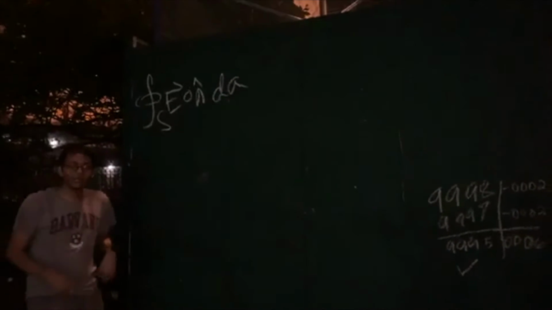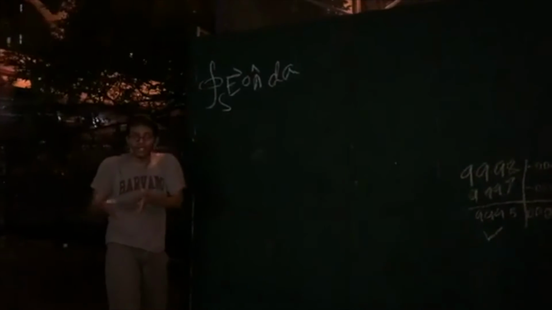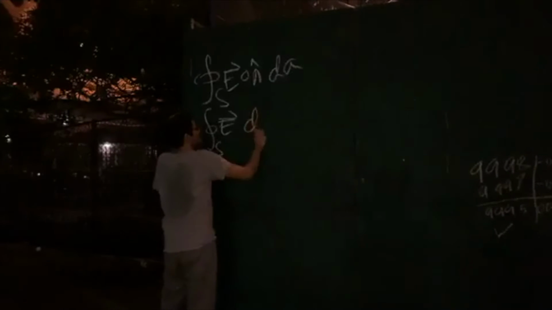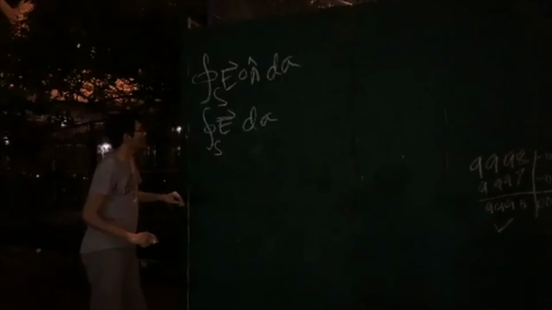It's simply that the closed surface integral of the dot product between the electric field and the normal vector times the area of whatever surface we have. But now we're dealing with a spherical surface. So we're going to have cosine of 0. And of course, cosine of 0 is simply 1. So that means we're just going to be left with the closed integral of the surface over the electric field times dA. Okay?